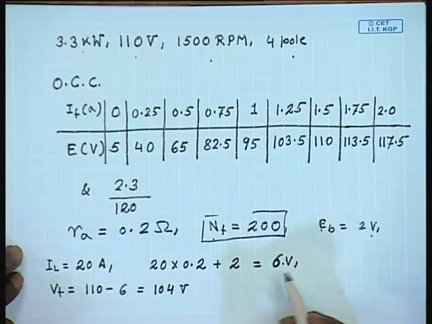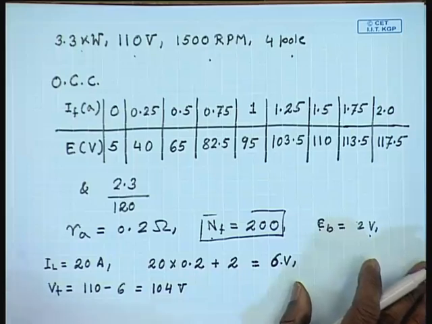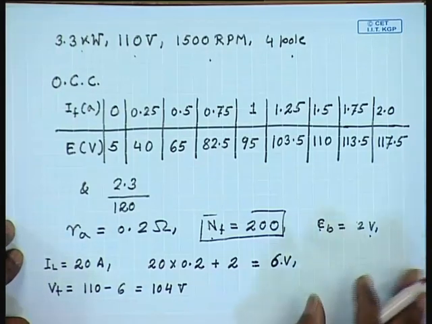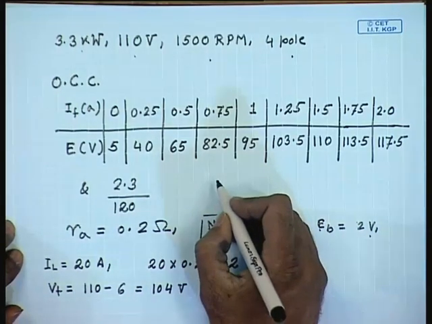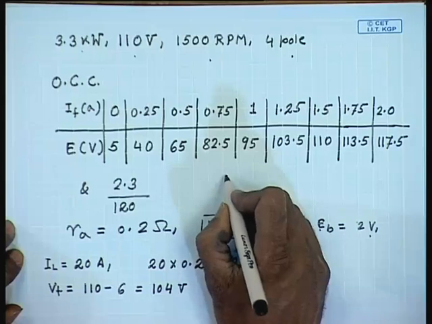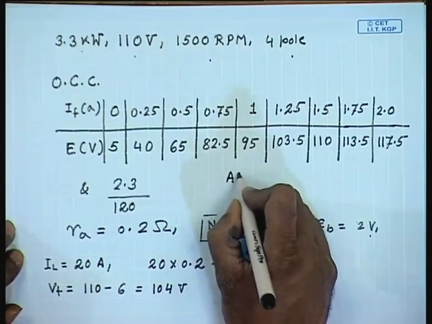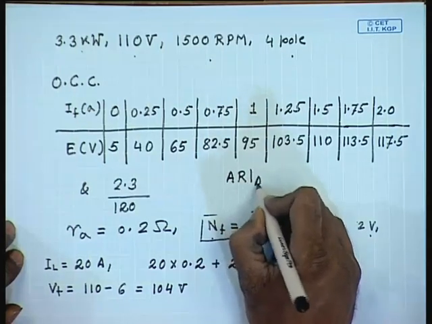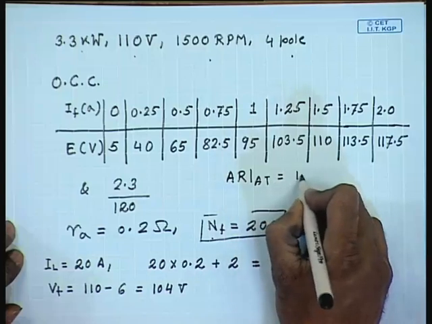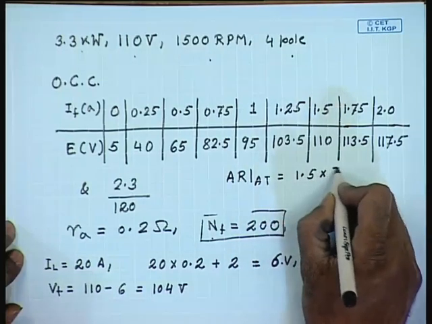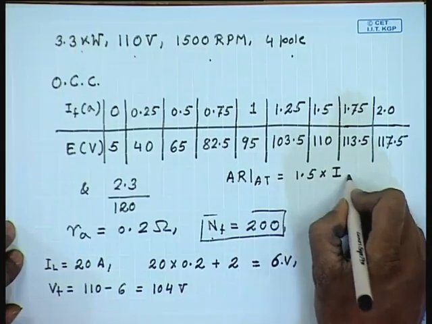Then we are also mentioned that the effective armature reaction ampere turns, AR ampere turns, equal to 1.5 times armature current IA.